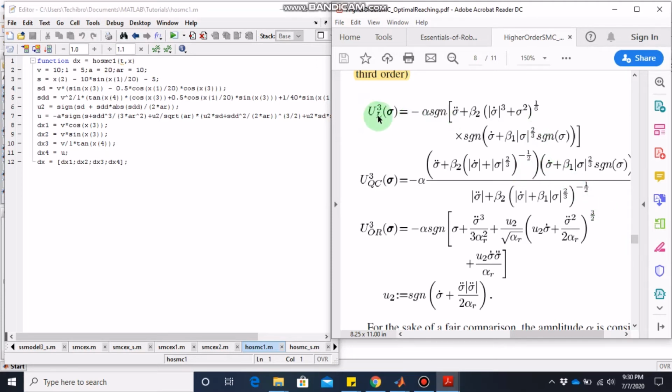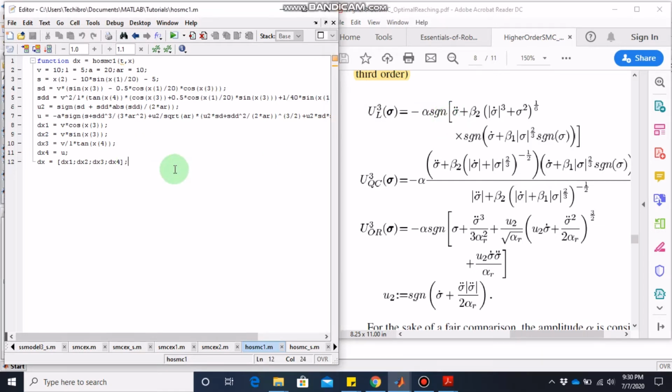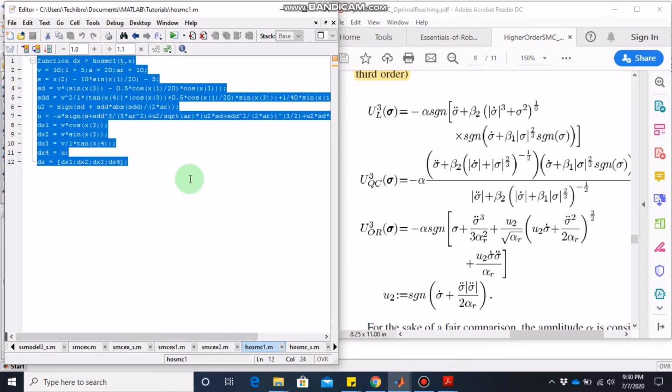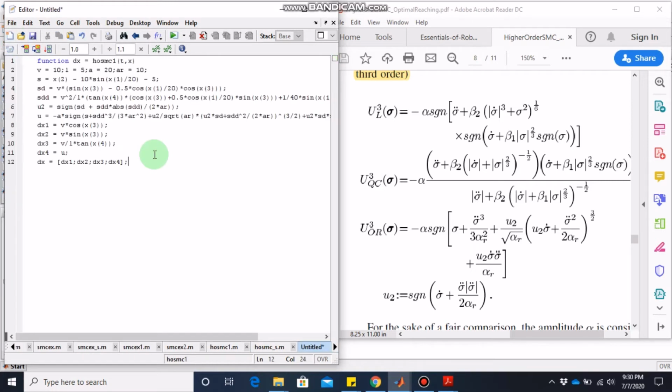So for that, what we can do is select all of the code that we have written for this optimal controller, Ctrl+C, create a new file, and Ctrl+V, paste it, and change the function name here to HOSMC2 and save it as a separate file, higher order SMC2.